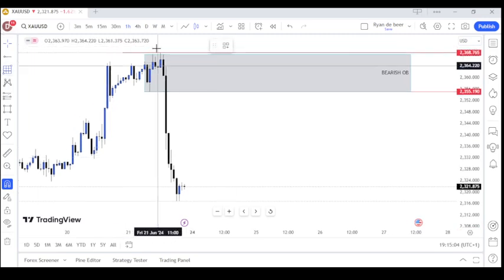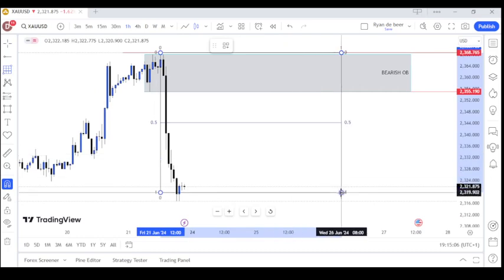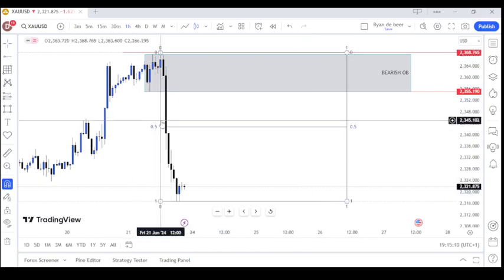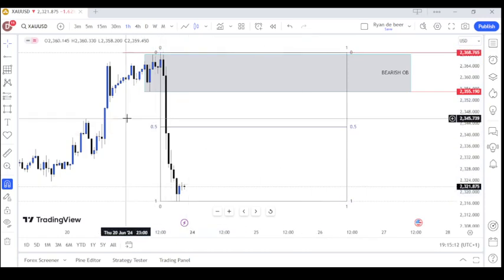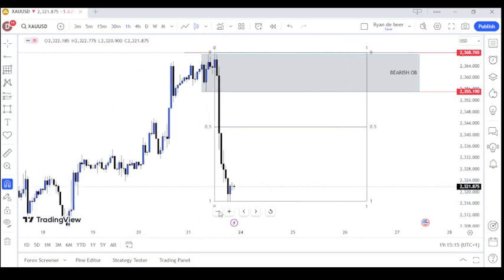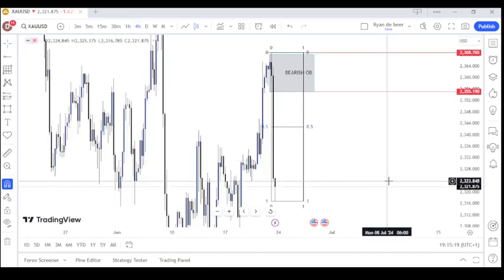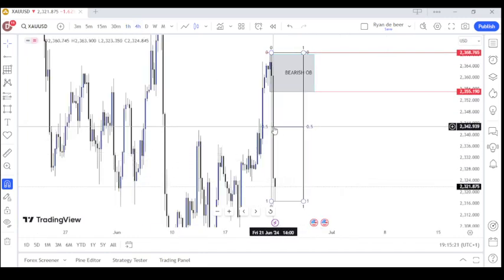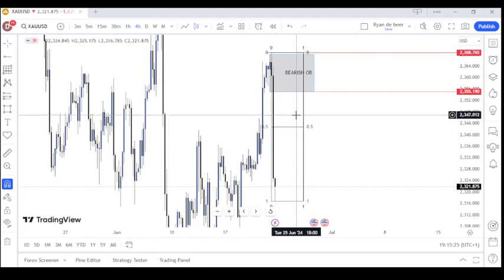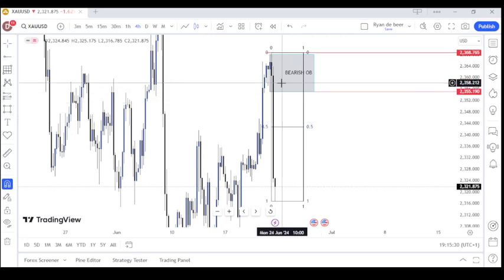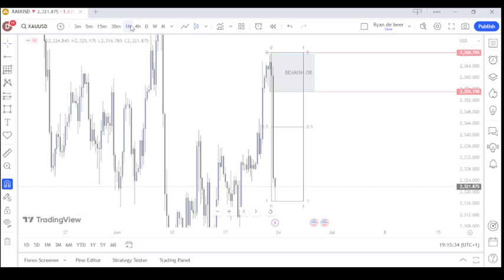We do have 4 hourly, 1 hourly equilibrium right there. So if we do break structure towards the upside on the 1 hourly time frame, we should possibly see that price comes up, possibly taking out this imbalance, also coming up to possibly take out this bearish 4 hourly order block.